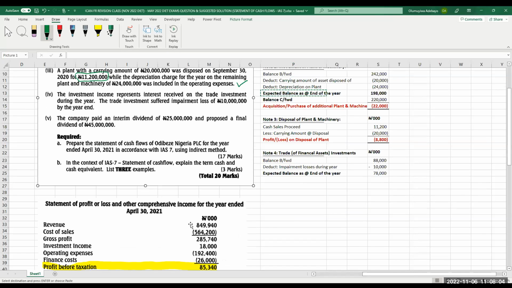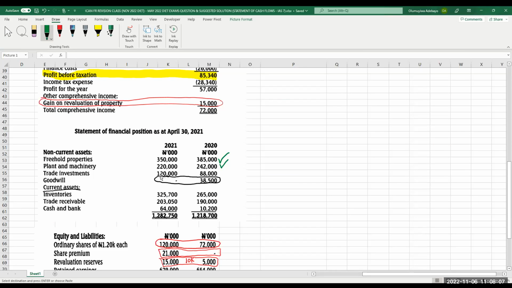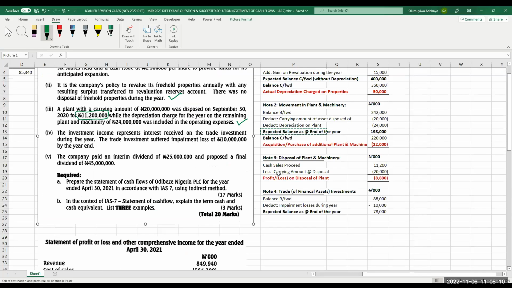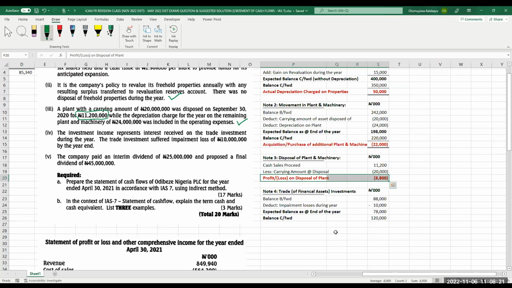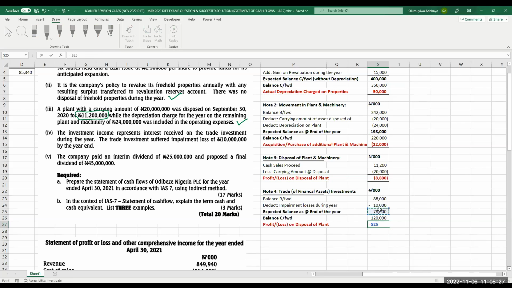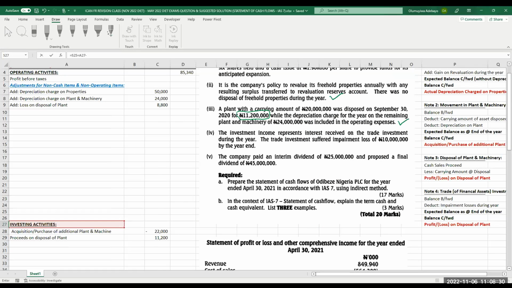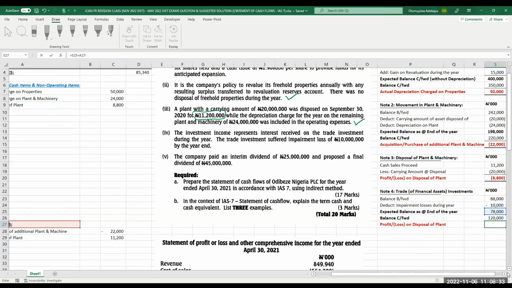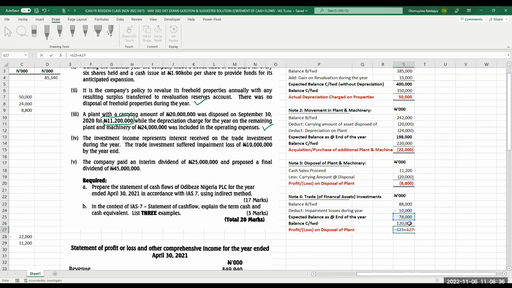But what do we have in our balance sheet? We had 120 million. Now, if we bring that 120 million in, what does it mean? It means invariably that there have been addition to our trade investment to the tune of 42,000.